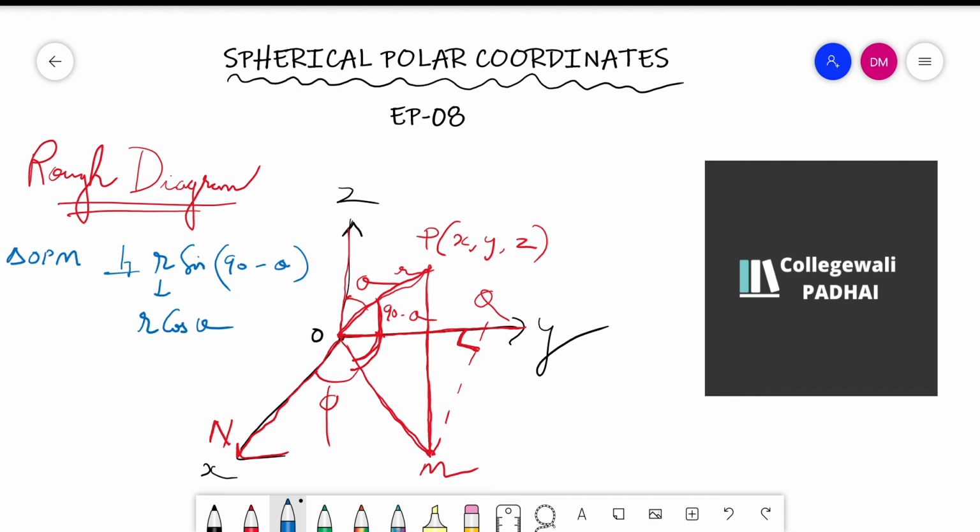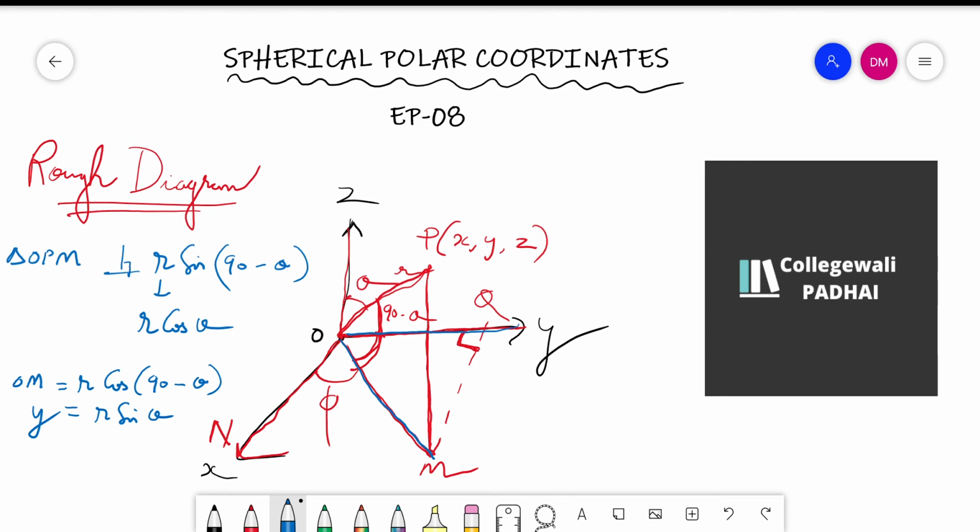And OM, this line, is R cos 90 minus theta, which is R sine theta. And Y is also R sine theta.